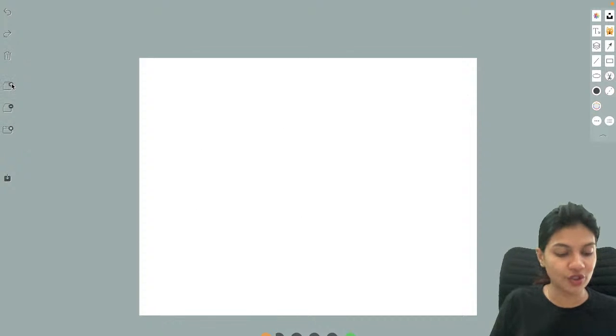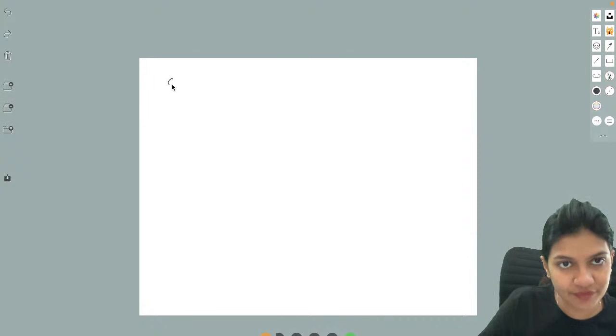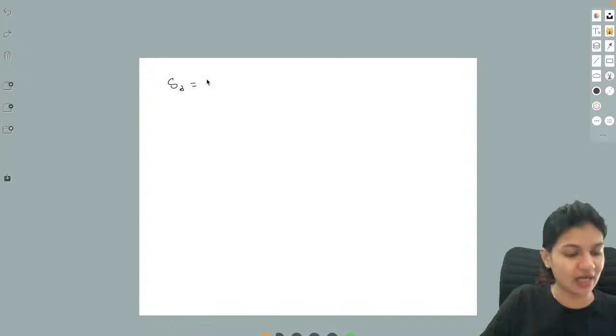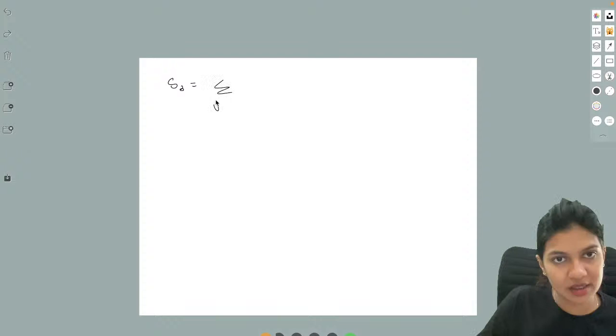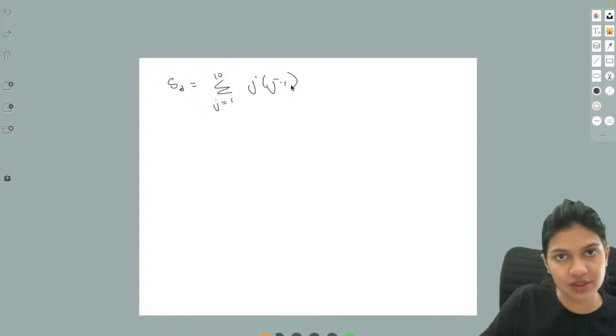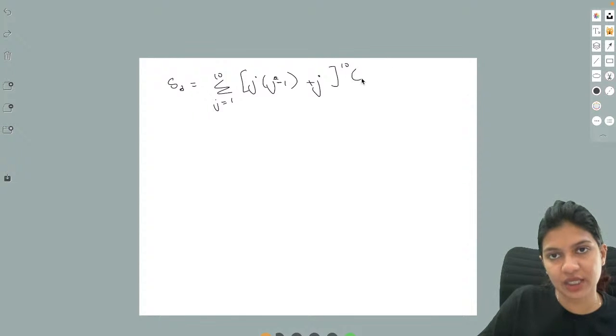Now, moving on to S3. S3 can be written as sigma j equals 1 to 10, j into j minus 1 plus j, whole into 10 Cj.